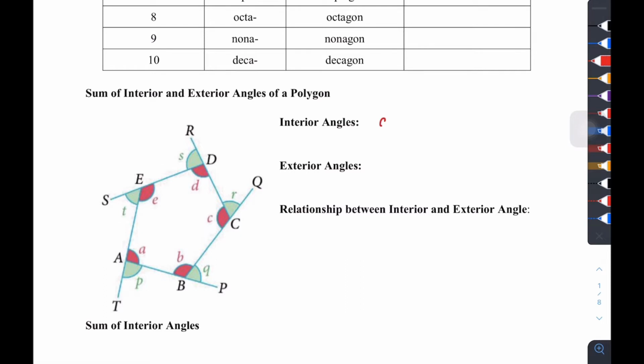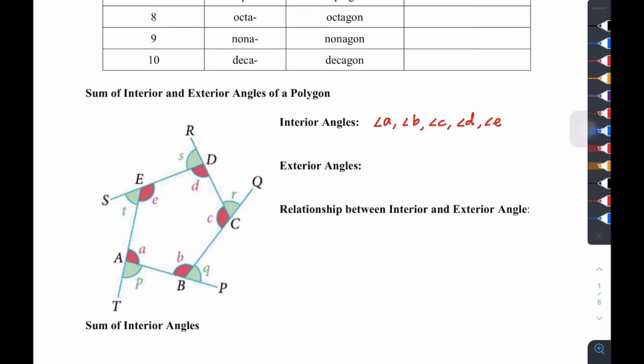So you have angle A, angle B, angle C, angle D and angle E. Whereas for the exterior angles, we have P, Q, R, S and T. These will be your exterior angles because they are outside of the shape.